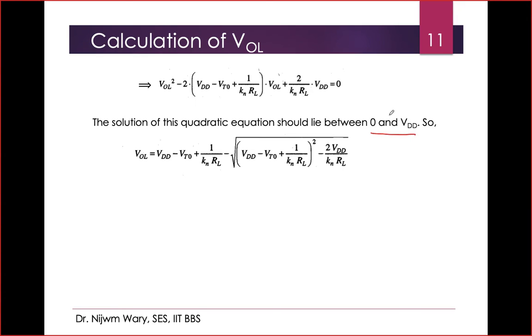It cannot go beyond 0 and VDD, because this quadratic equation will have two solutions. Only one of the solutions will lie between 0 and VDD. If it is beyond this range, we can treat that solution as invalid, and one of the solutions will lie beyond this point. So from this we can find the value of the VOL.